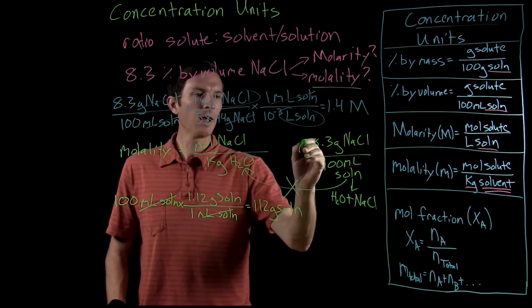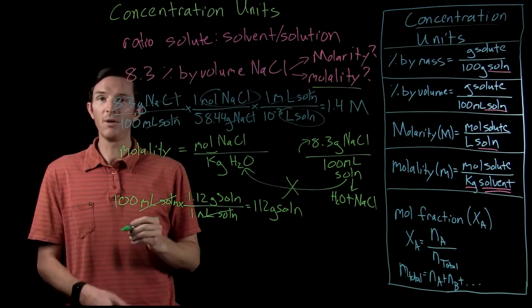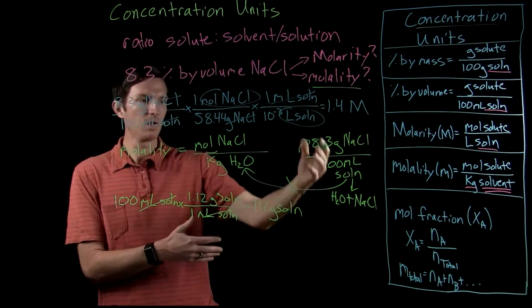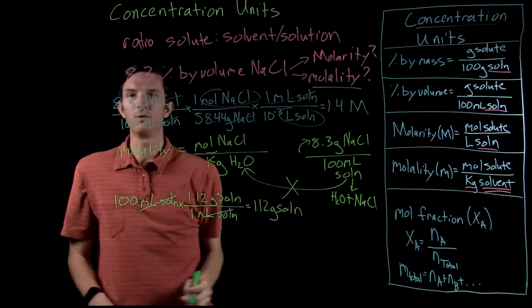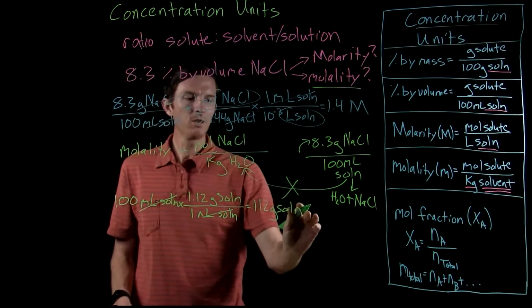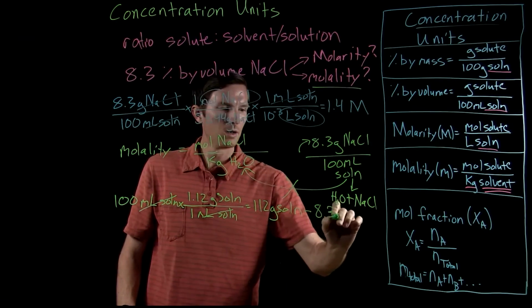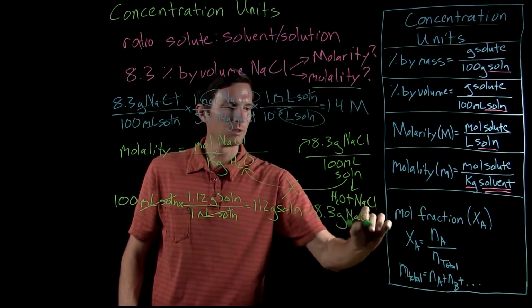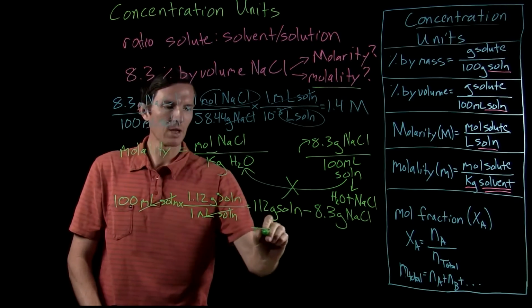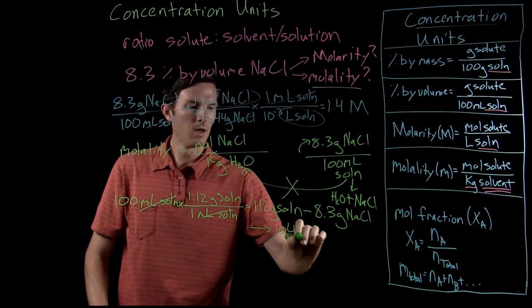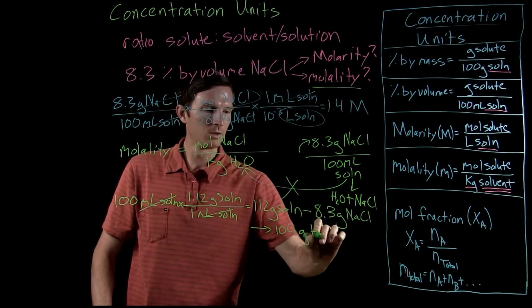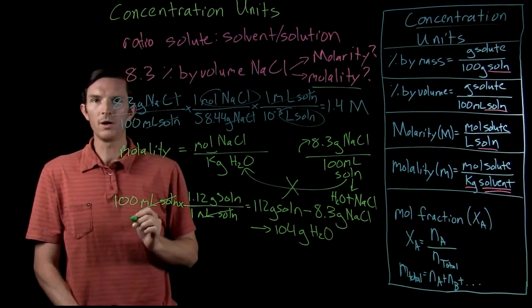Well, we know in that 112 grams, we have 8.3 grams of sodium chloride in that 100 milliliters, which would be our 112 grams of solution. So if we just want to get to the mass of water, we can subtract our 8.3 grams of sodium chloride, and we end up with 104 grams of water.